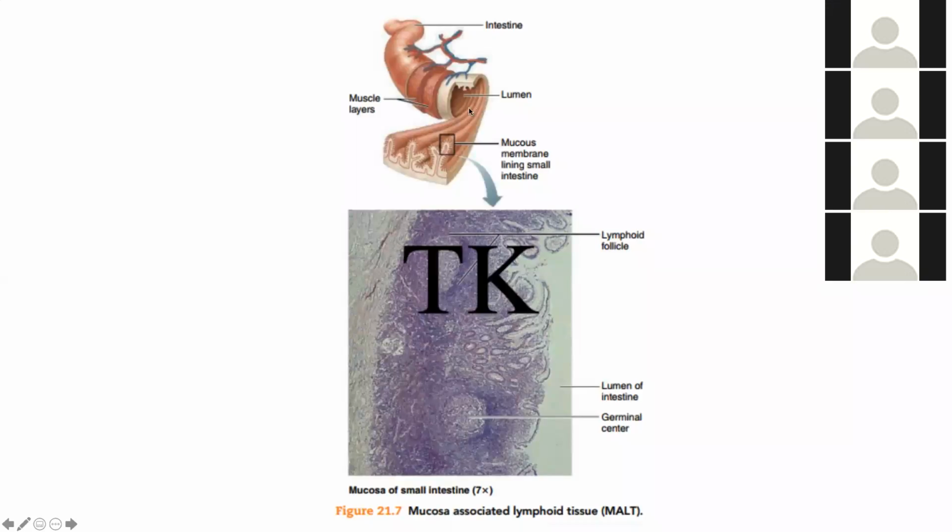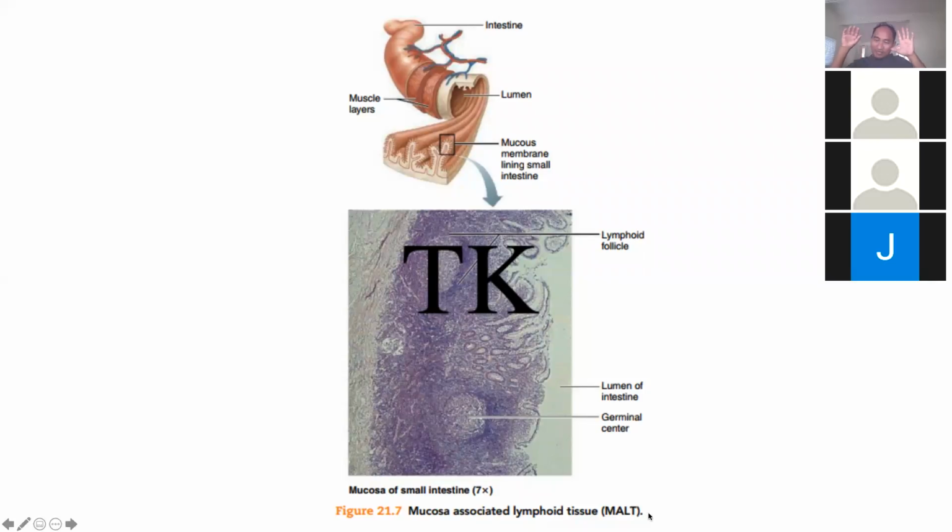Lymphoid tissue is also present in the intestinal mucosa. That is what we call mucosa-associated lymphoid tissue. As we say, lymphoid tissue means any structure that contains lymphocytes, and the intestinal mucosa also contains lymphocytes, and therefore we call it mucosa-associated lymphoid tissue, MALT.